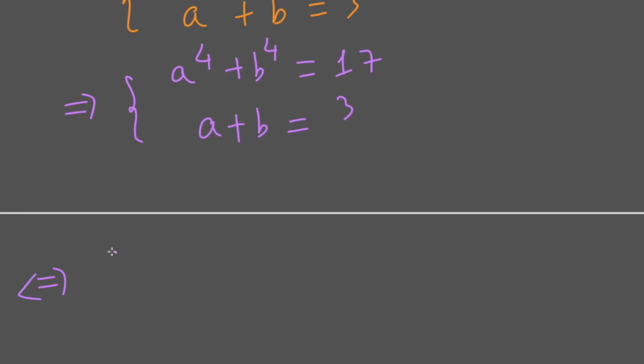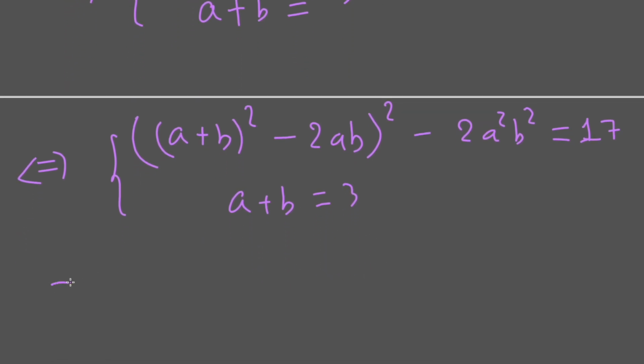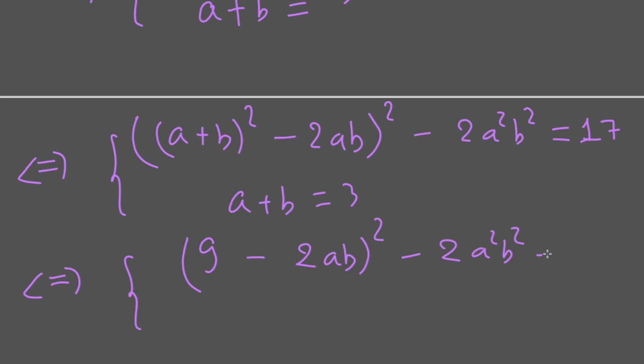For this, the first equation will be a squared plus p squared squared, which is a plus p squared minus 2ap squared minus 2a squared p squared equal to 17, and a plus p equal to 3. Replace the value of a plus p into the first equation. You will see 9 minus 2ap squared minus 2a squared p squared equal to 17.